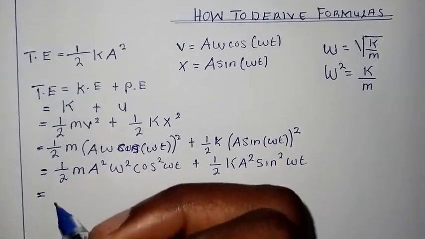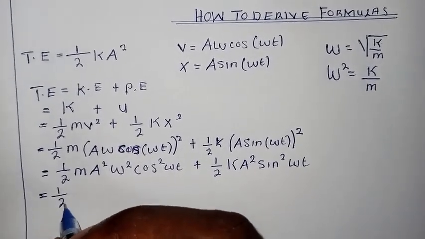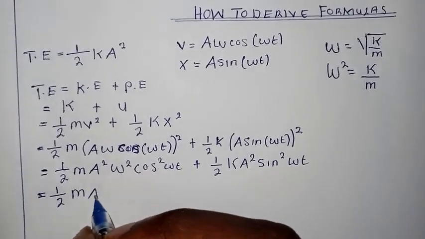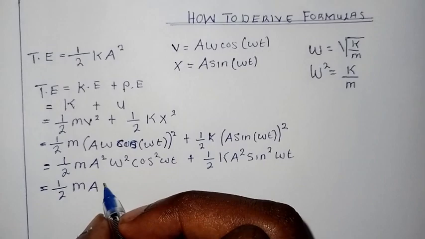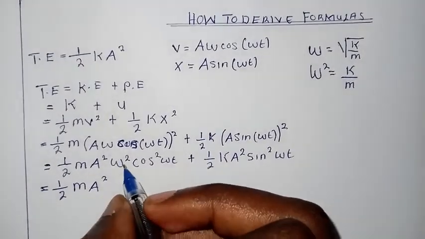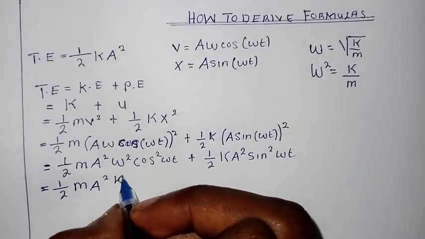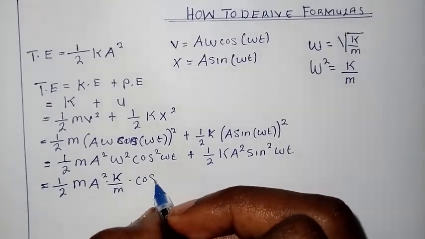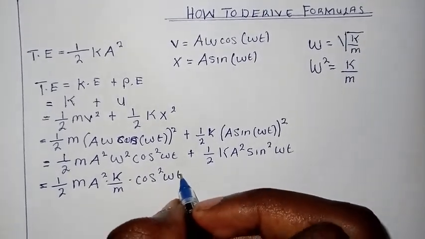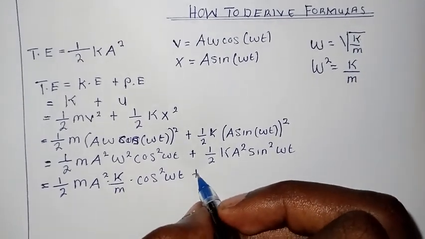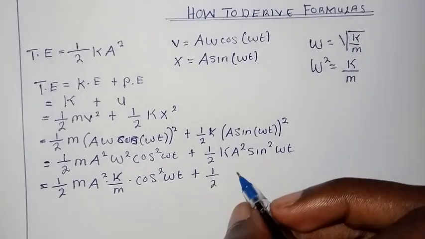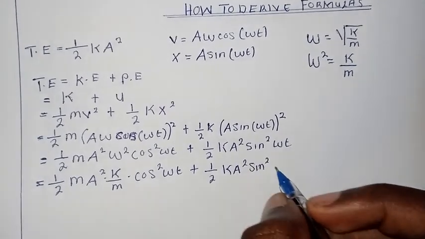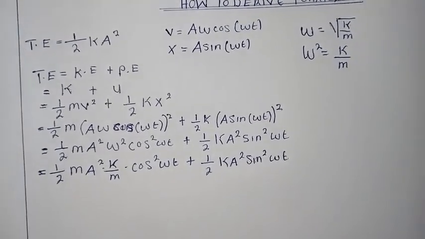So, upon knowing that omega is equal to that, we are going to do a replacement. Where there is omega squared, we're going to put K over M multiplied by cosine squared Wt plus 1 over 2 Ka squared sine squared Wt.